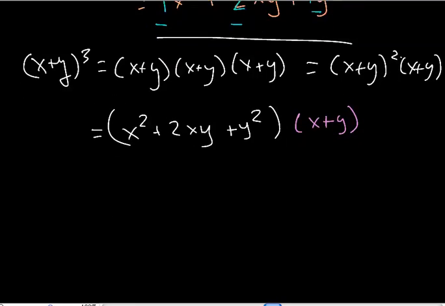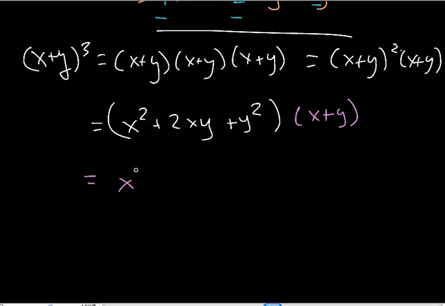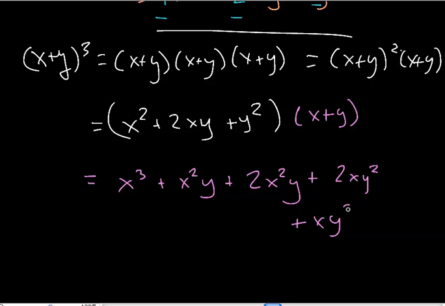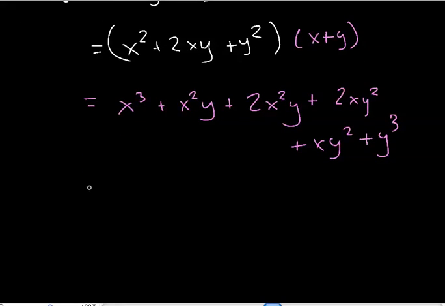Okay, so that will come out to be x cubed plus x squared y plus 2x squared y plus 2xy squared. I'm going to run out of room here. Plus xy squared plus y cubed. That's a lot. So if I simplify that, I'm going to get, well, look at these two.